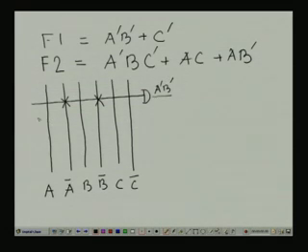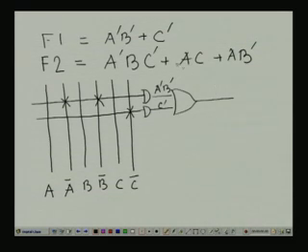Similarly, it is only C dash. So, here only this is C dash. Now, we give an OR and it will realize the F1 circuitry.